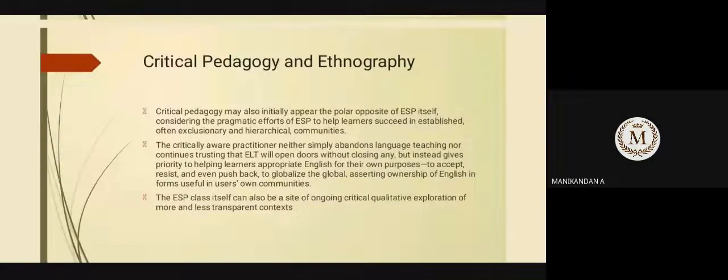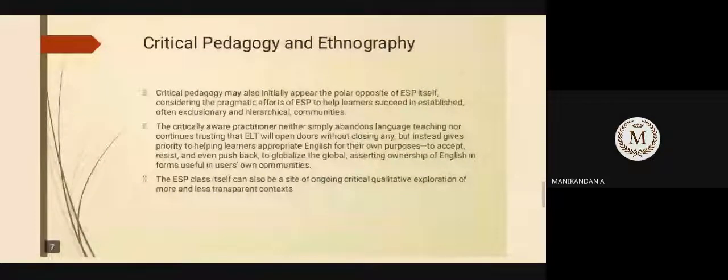Critical pedagogy may also initially appear the polar opposite of ESP itself, considering the pragmatic efforts of ESP to help learners succeed in established, often exclusionary and hierarchical communities.